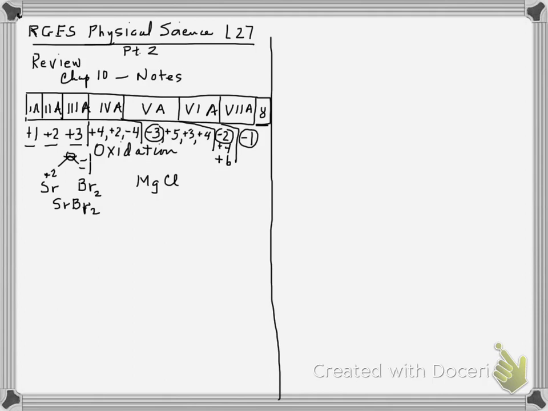Okay, so magnesium, because it's in that second group, the alkaline earth metals, will have a +2 oxidation number. And I'd like to mention again, the halogens are going to be -1. So we're going to have 2 chlorines join in to give us a balance at 0. So it's going to be MgCl2, magnesium chloride.